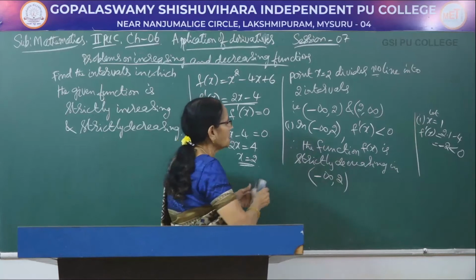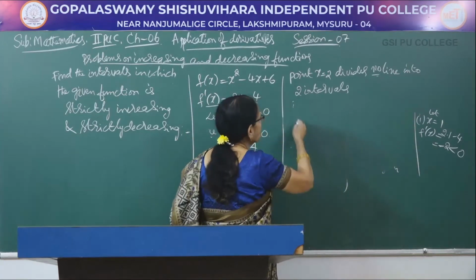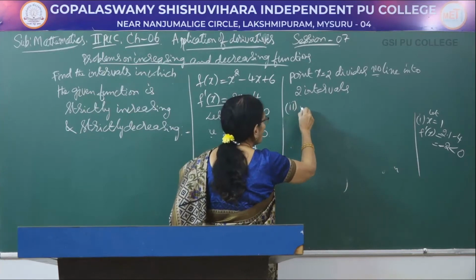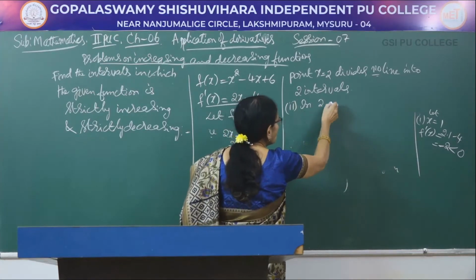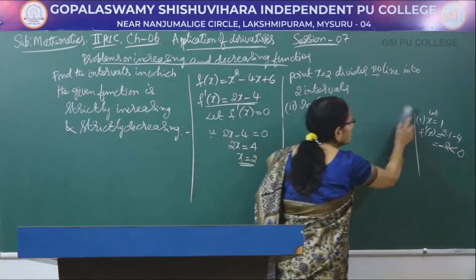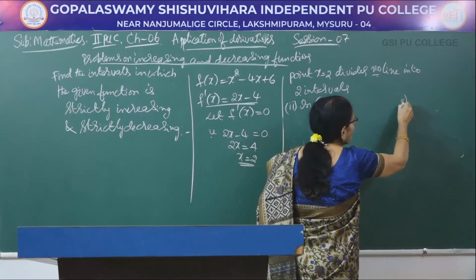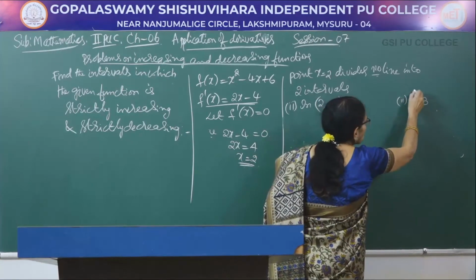Now, let me take the second interval. What's the second interval here? In the second interval, 2 comma infinity, you just give a value which is more than 2 because 2 is not included. So, let me take x equal to 3.